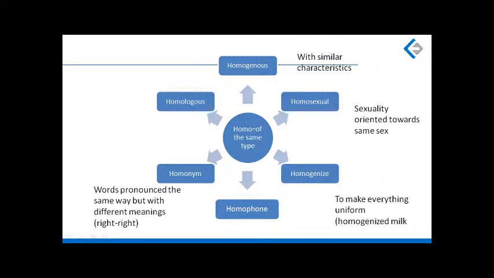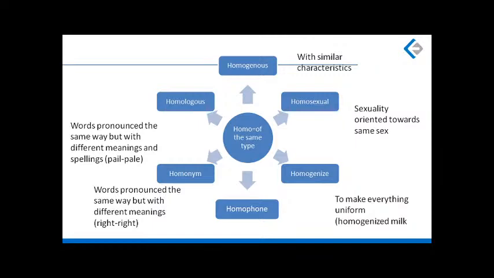Homophones, words pronounced the same way but with different meanings. So that is right and right. That example is an example of a homophone. Homonyms, words pronounced the same way but with different meaning as well as spellings. Homonym comes from another root word, onyma. Onyma means name.